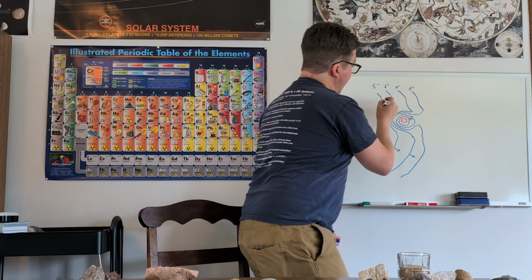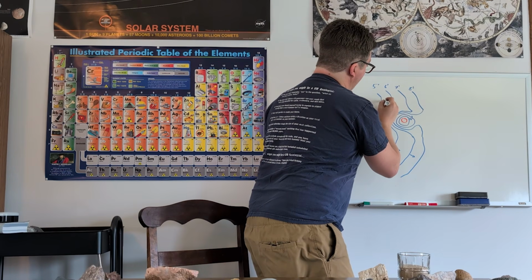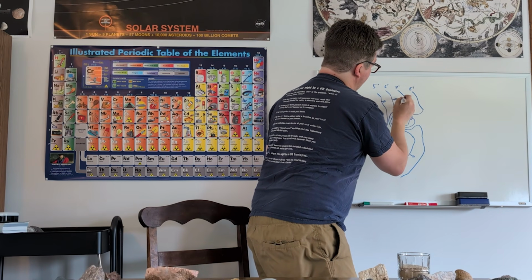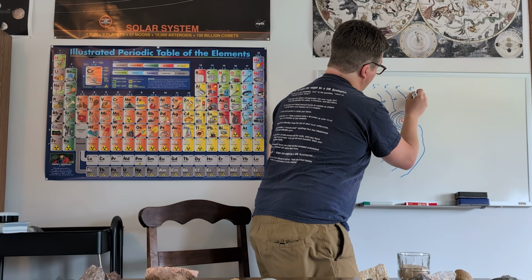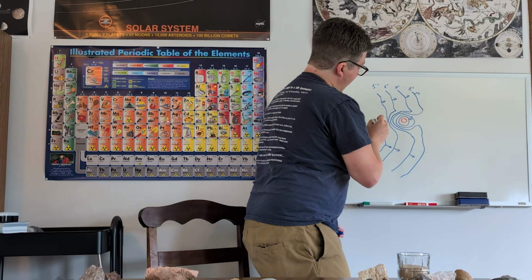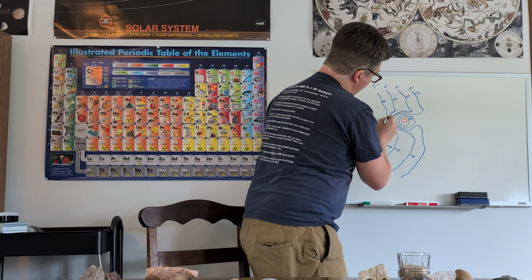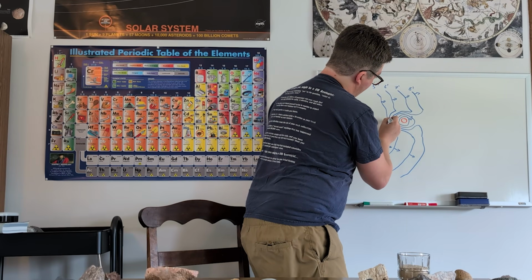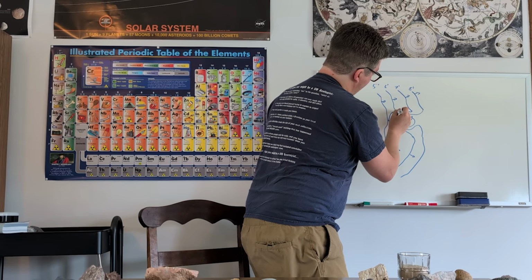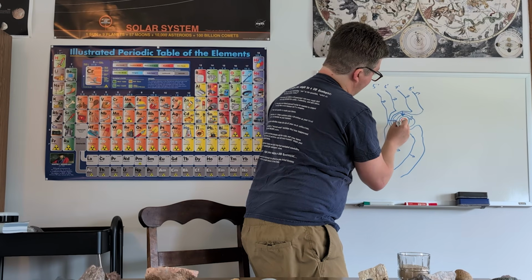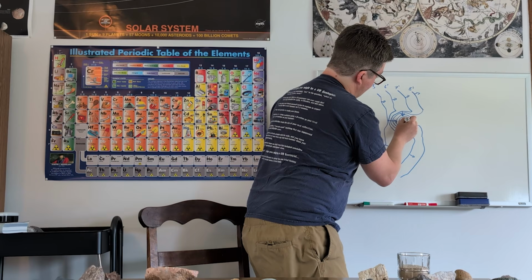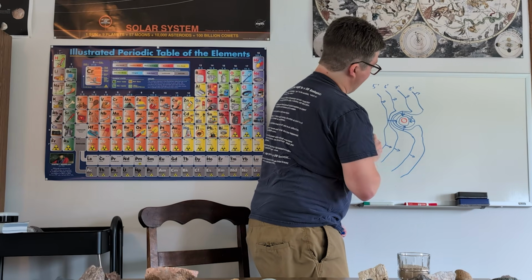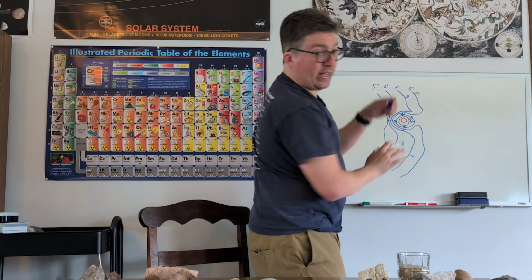Up here, it's going to be going like that. But what's going on here? Well, the direction of flow is going to be here. But now the direction of flow, right angles to the lines, is going to be like that. All water flowing into the well.